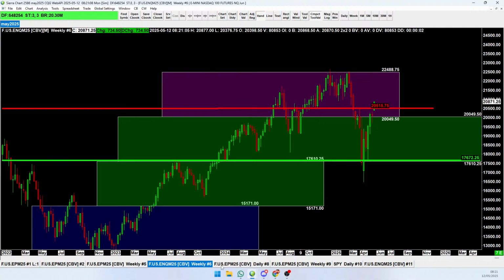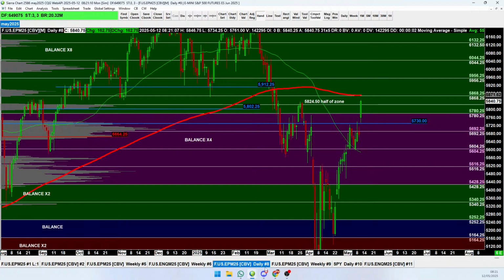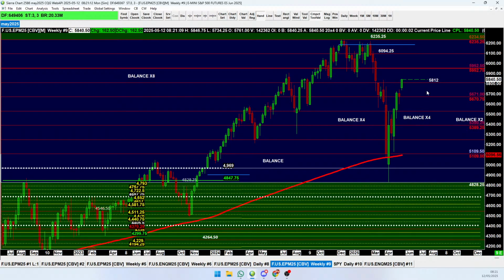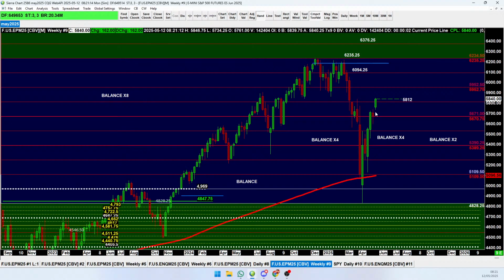NQ's the same. Unbelievable. This move hurt a lot of people. First it hurt all the longs, and then it hurt the shorts.